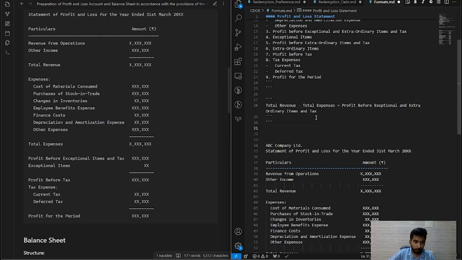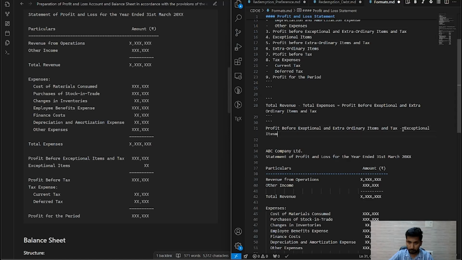Then profit before extraordinary items and exceptional items in tax minus exceptional items becomes my profit before extraordinary items in tax.